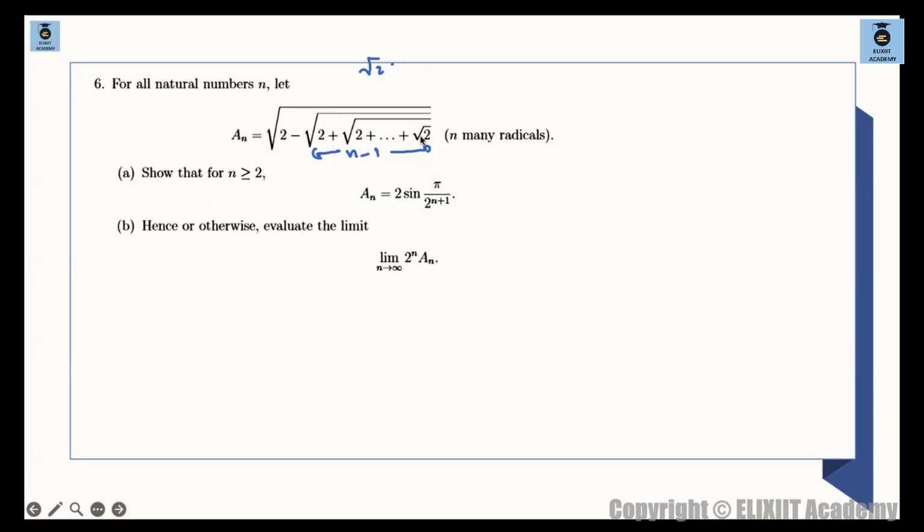Root 2 is basically 2 cos pi by 4, since cos pi by 4 is 1 by root 2. So root 2 is 2 times cos pi by 4. And you consider this to be cos theta, let's say, 2 cos theta. Why do we do this? Because here you will get the simplifications in terms of cos theta. An will be simplified in terms of cos theta.